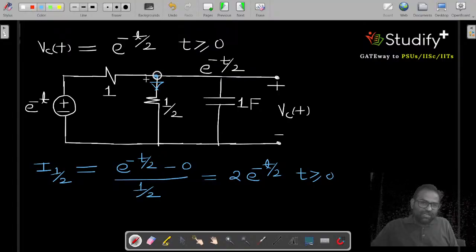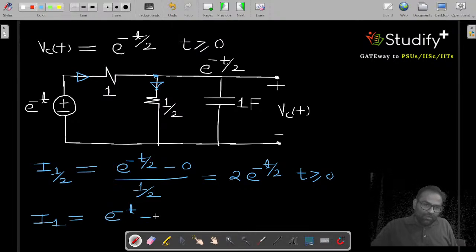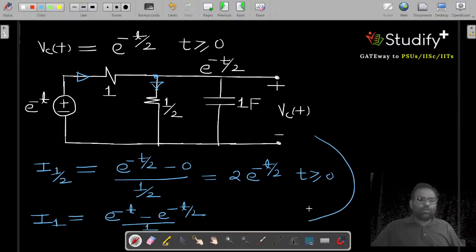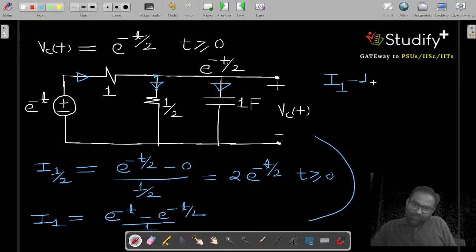Now, what is the current in this branch? The current in 1 ohm resistance is given by higher potential, which is e to the power minus of t, minus lower potential e to the power minus of t by 2, divided by 1. If we know this current, we can calculate the current in the capacitor. The current in the capacitor is incoming current I1 minus the current in the half ohm resistance.